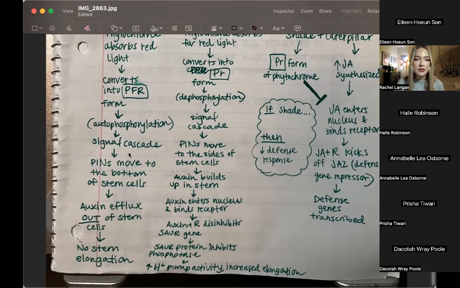And those PIN proteins are the ones that efflux auxin. So if all the PIN proteins are on the bottom, auxin is going to move out of the stem cells and you'll get no stem elongation. Instead, like we learned last unit, the auxin will actually build up in the roots and the roots will elongate.